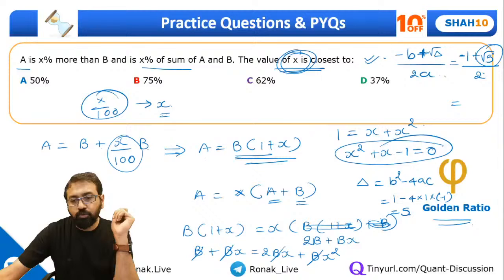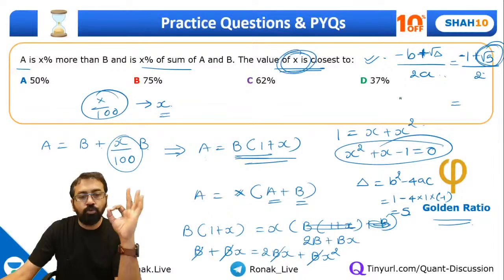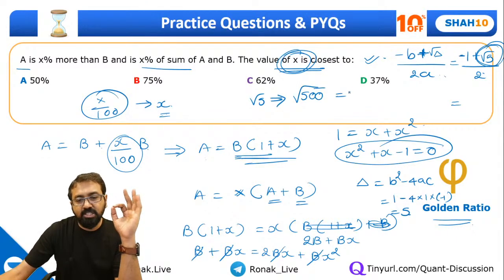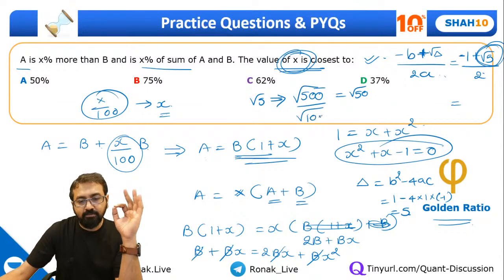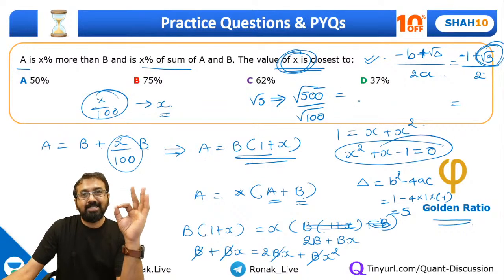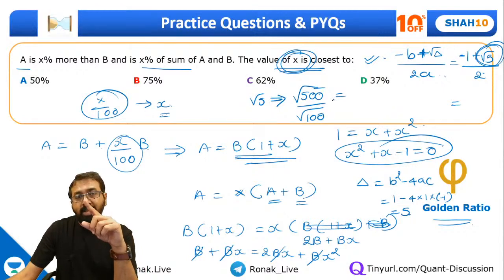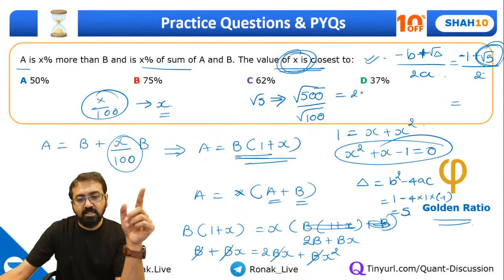Now please understand what root 5 is. This is how you can think: root 5 is equal to root 500 upon root 100. So what is root 500? 22 square is 484, 23 square is 529, so root 500 should be somewhere close to 22.5.